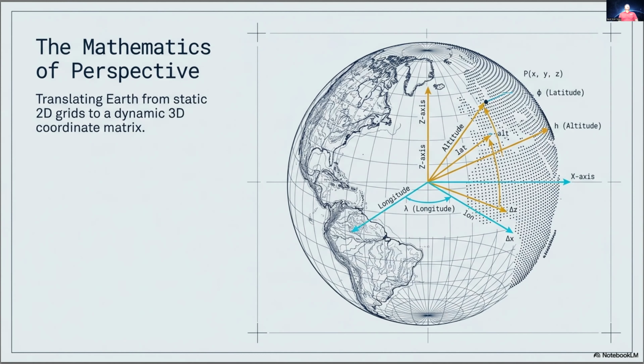The mathematics of perspective translating Earth from static 2D grid to a dynamic 3D coordinate matrix.